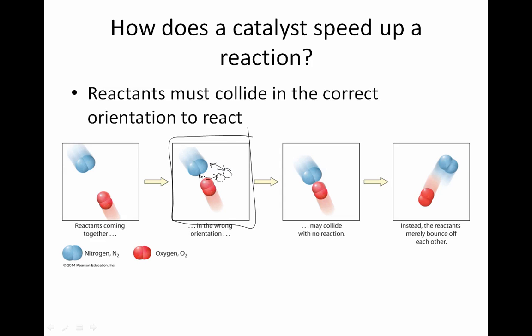But in this case, they're coming in the wrong direction. Why would they do that? Random motion of molecules. As your molecules are moving around, they're going to orient all kinds of ways. So what happens in this situation, if they come in the wrong direction, they're just simply going to bounce off and keep on going. If they come in this correct orientation, then they're going to collide, they're going to react.